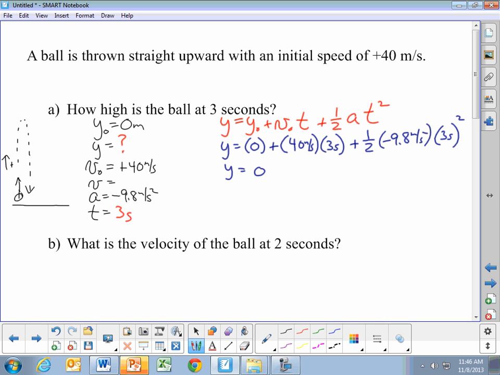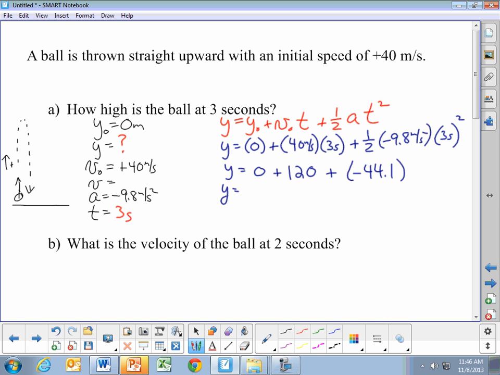So the height is 0 plus 40 times 3 is 120 meters, plus 1/2 times negative 9.8 times 3 squared is negative 44.1 meters.